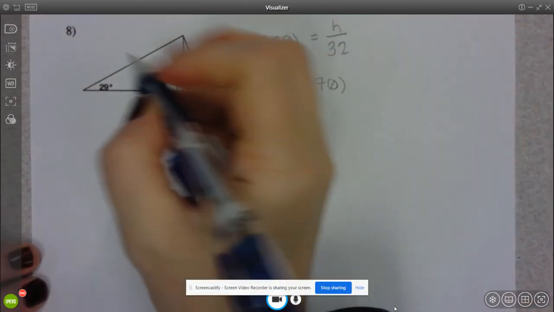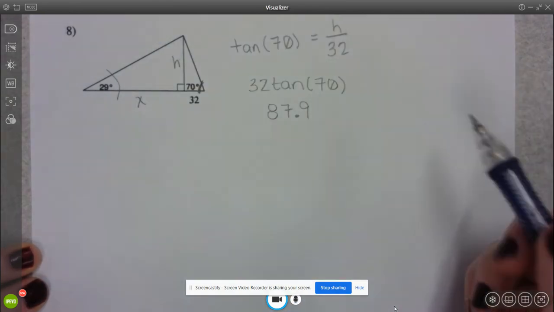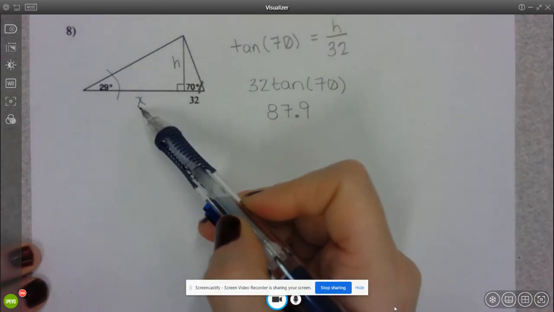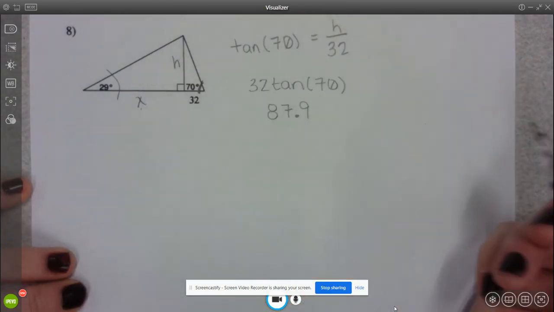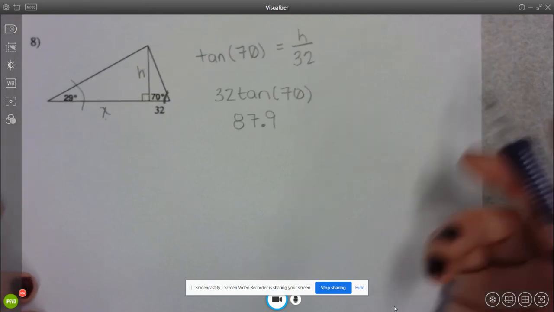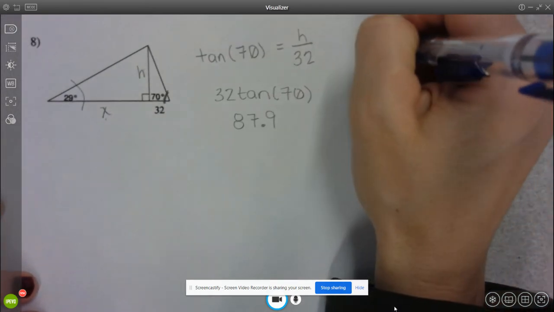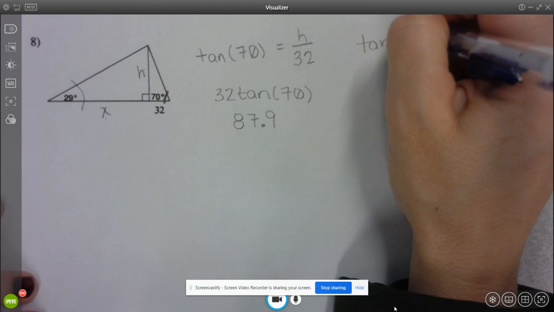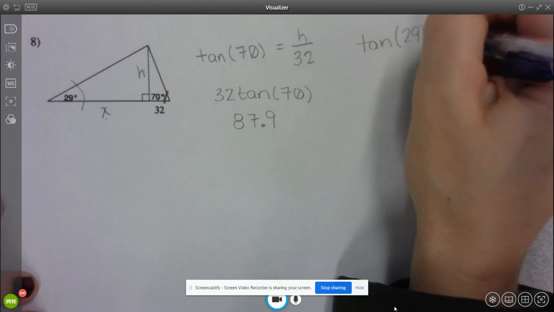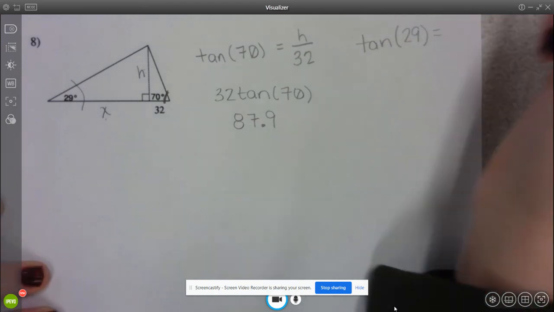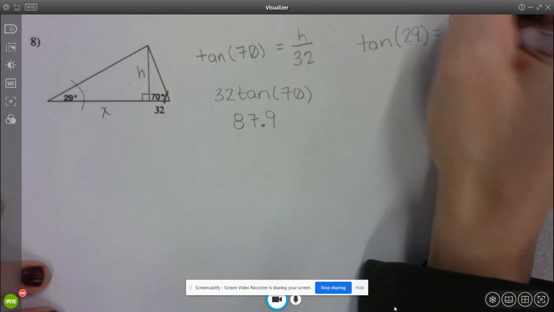Then I'm going to use that with 29, opposite and adjacent, to find x. So since h is opposite, that's going to be in the numerator.